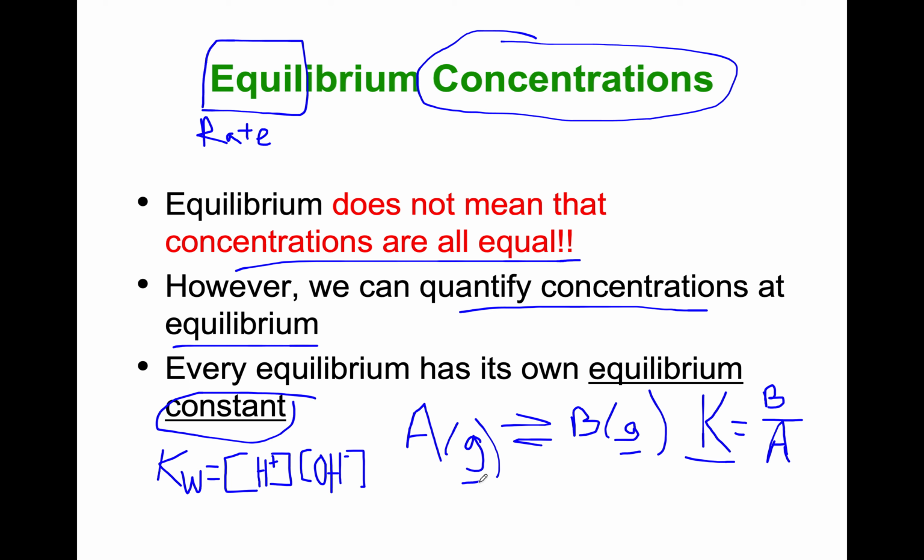So we'll talk about the different states. The reason the H and the OH are present is because it was aqueous, and the waters on the left side of the reaction were liquids. They're not included in K. So there are some rules we'll talk about for Ks, but I just wanted you to see products over reactants, and that you've already seen this a little bit coming from a double arrow.